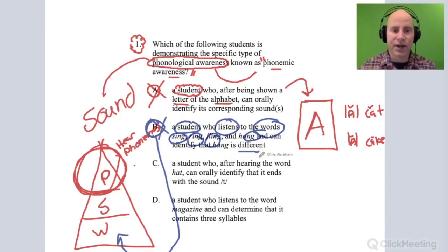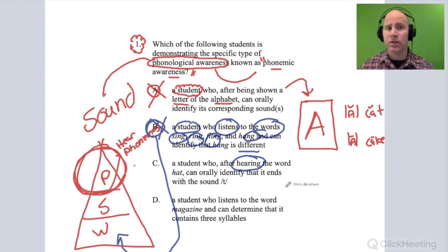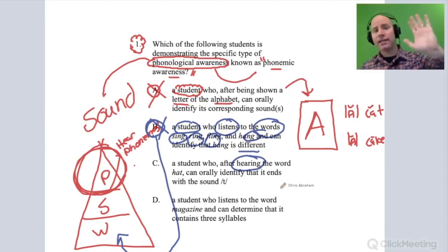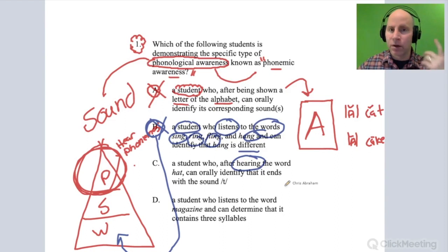Let's go to C. A student, after hearing the word hat, can orally identify that it ends with the sound t. Let's think about that. They hear the word hat, and they can identify a specific phoneme, the end phoneme in the word. So if I said hat, what does it end with? And you raise your hand, t, the t sound. Well, you would have to be taking that word hat, segmenting it.